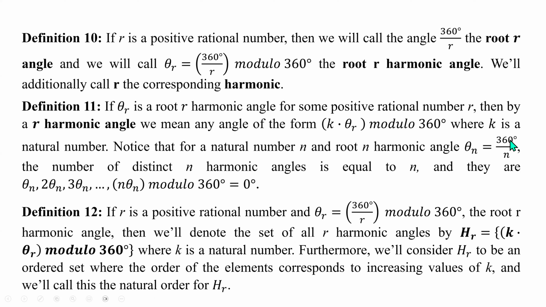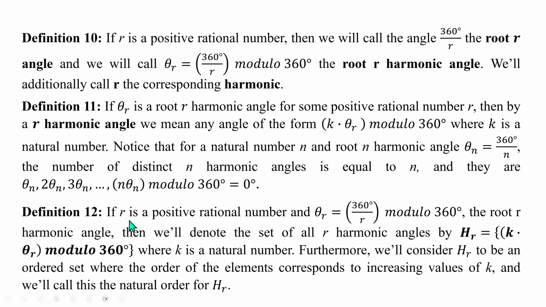If you take 360 degrees over n, which is theta sub n, and multiply that by n, the n's will cancel out, leaving you with 360 degrees. And 360 degrees modulo 360 degrees is equal to 0 degrees. So we're not going to have an infinite number of r harmonic angles. We keep multiplying that root r harmonic angle by natural or counting numbers until we get to 0 degrees, and then that's going to be when the clock starts over.